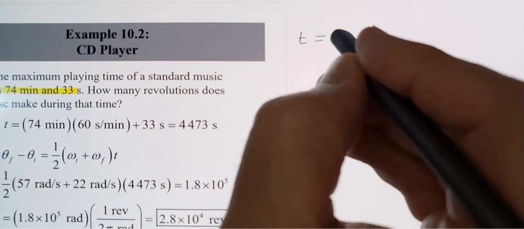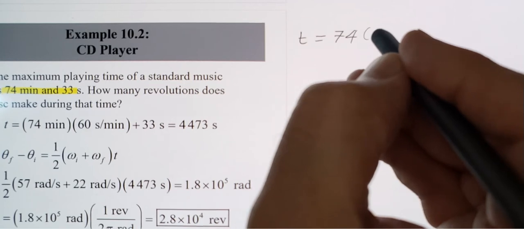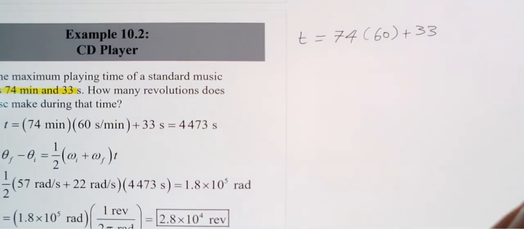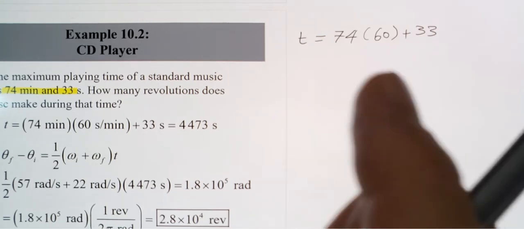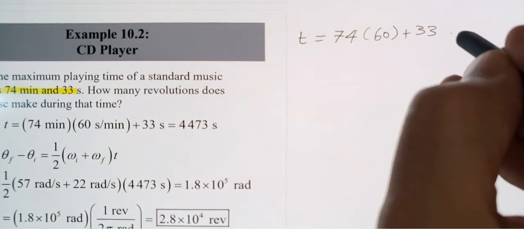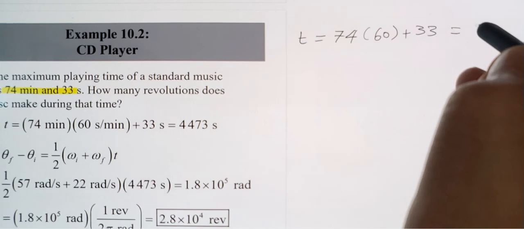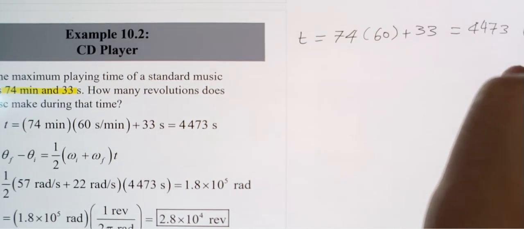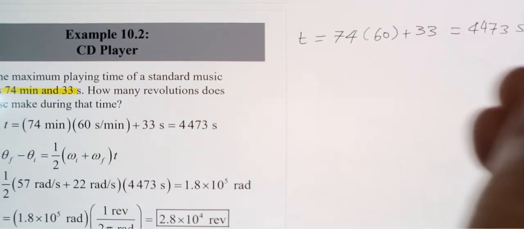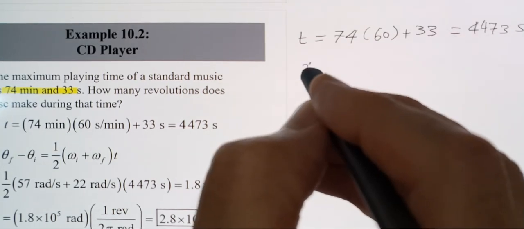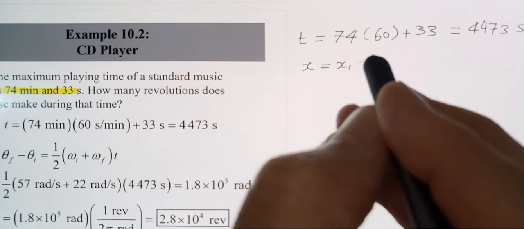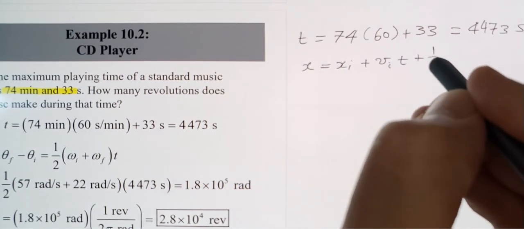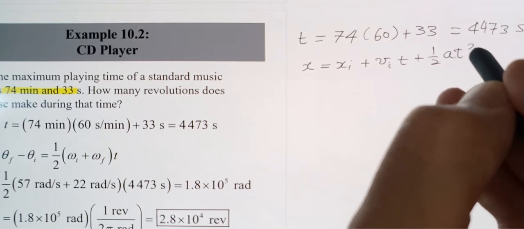Okay, so what is t? T is 74 minutes multiplied by 60 plus 33 seconds. That is the total running time of the CD, which is equal to 4473 seconds. Previously, we would do x is equal x node plus v node t plus half a t square.